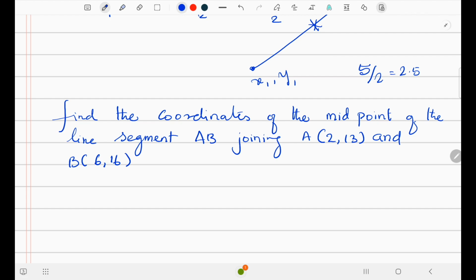Okay, so we need to find the midpoint. Solution.